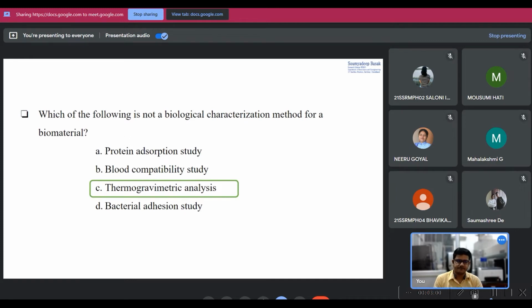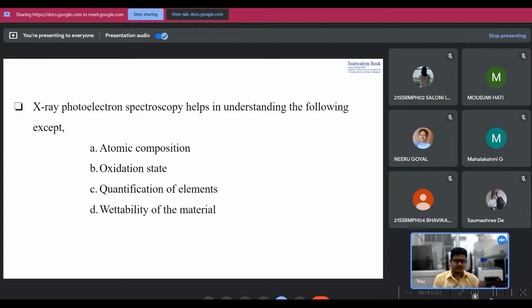Okay. So the next question goes: XPS, that is X-ray photoelectron spectroscopy, helps in understanding the following except atomic composition, oxidation state, quantification of elements, and weightability of the material. X-ray photoelectron spectroscopy helps in understanding the following except atomic composition, oxidation state, quantification of elements, and weightability of the material.